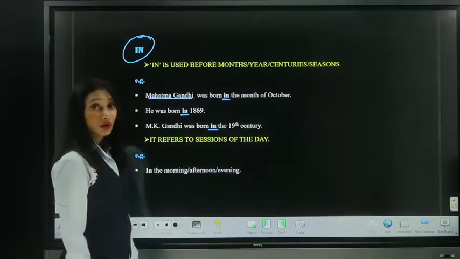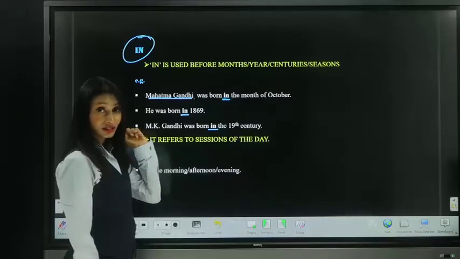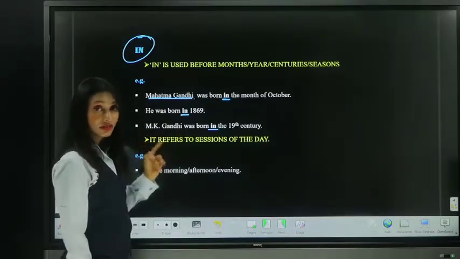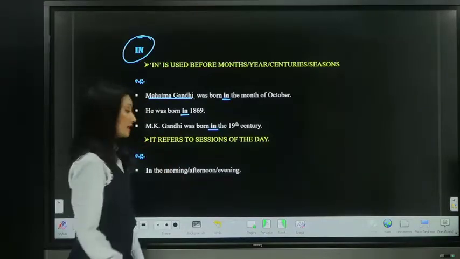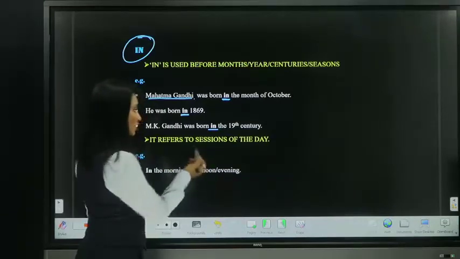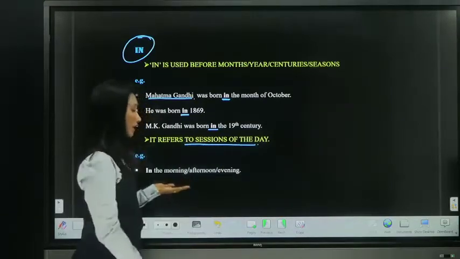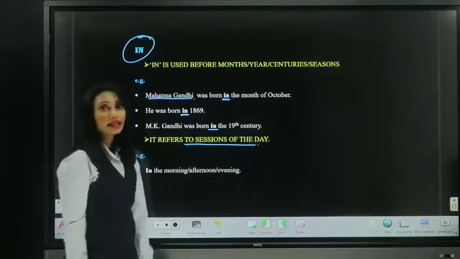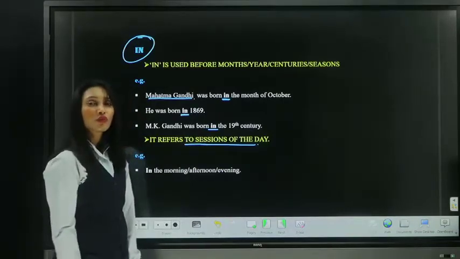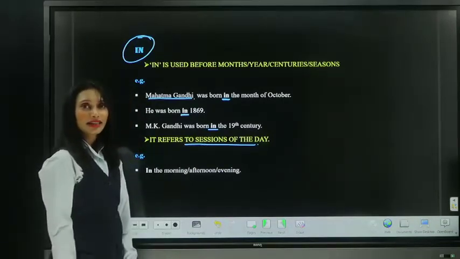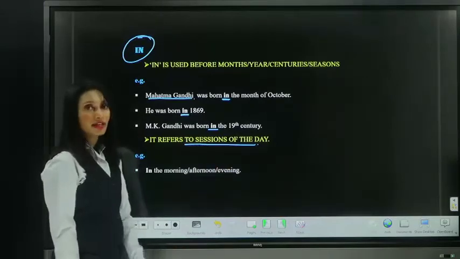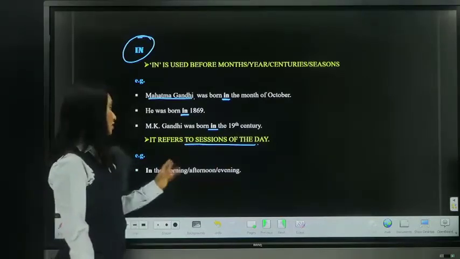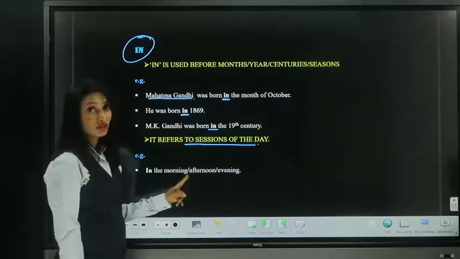Now, we have already seen clock timings and other figures we have discussed. So "in" is used before the sessions of the day: in the morning, in the afternoon, in the evening. He goes for a walk in the morning. He meets his friend in the evening. So we generally use "in" before the sessions of the day.